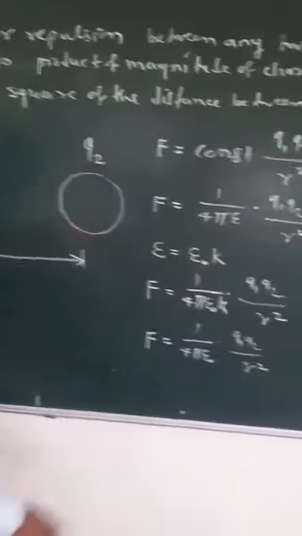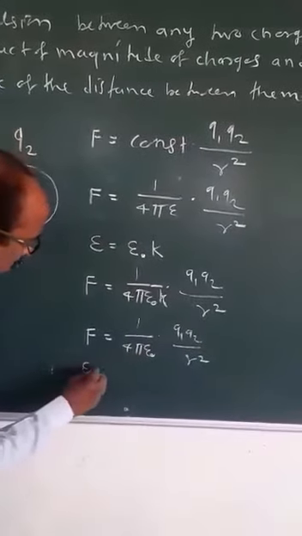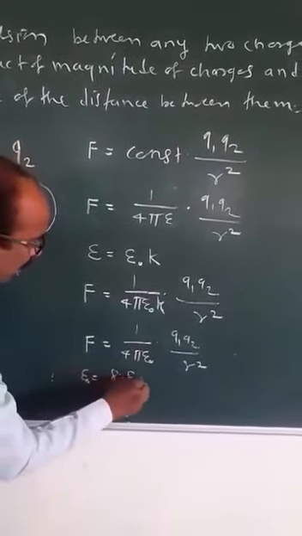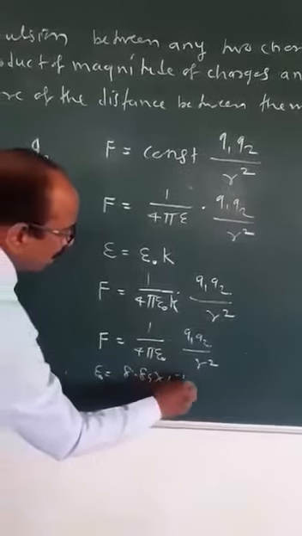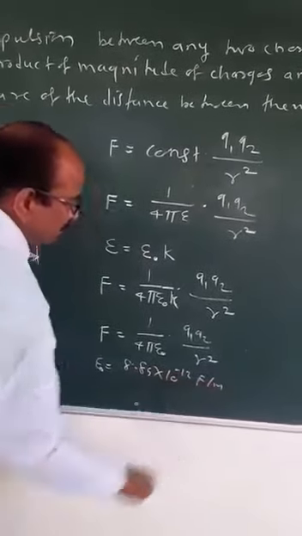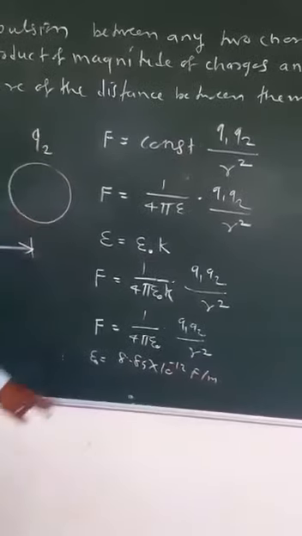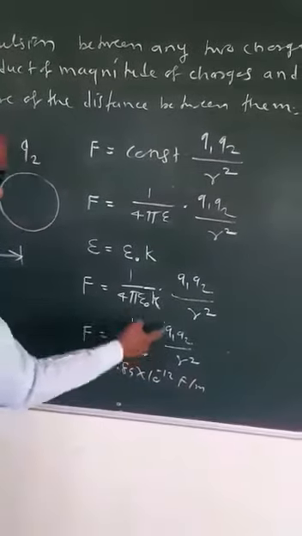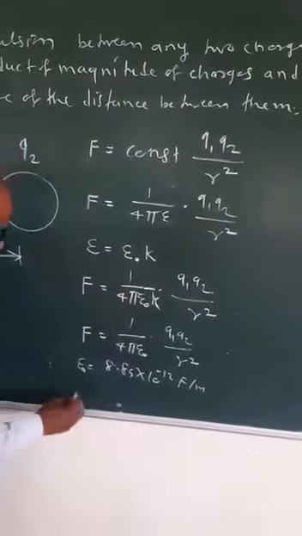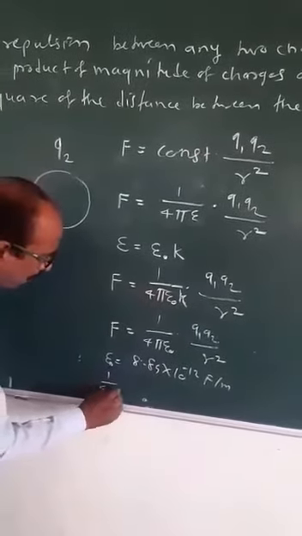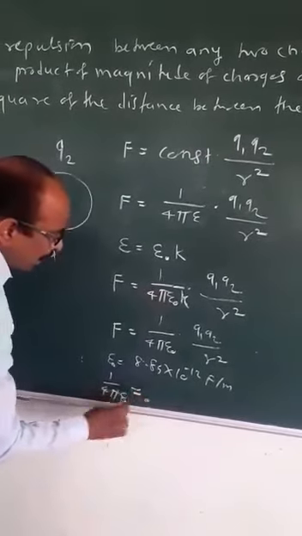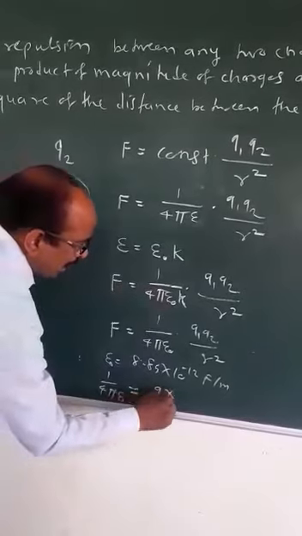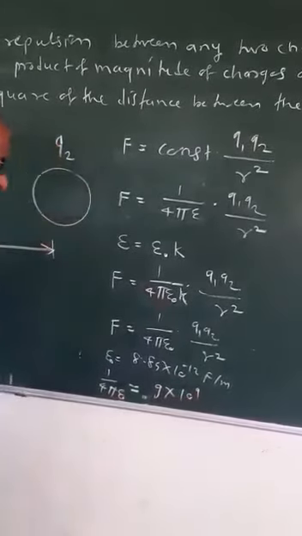The value of epsilon naught is 8.85 into 10 to the power minus 12 farad per meter, and we have the value of 4 and pi. Putting all these values in this relation, we get 1 upon 4 pi epsilon naught is approximately equal to 9 into 10 to the power 9.